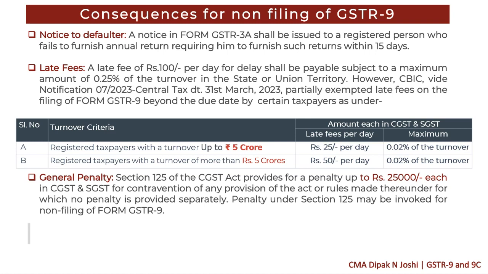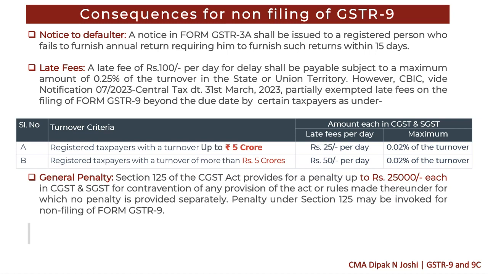So this is the serious consequence if a registered person is not filing GSTR 9 and 9C within the due date. The tax officer may ask them to file GSTR 9 and 9C within a period of 15 days, and that notice may be given in form GSTR 3.